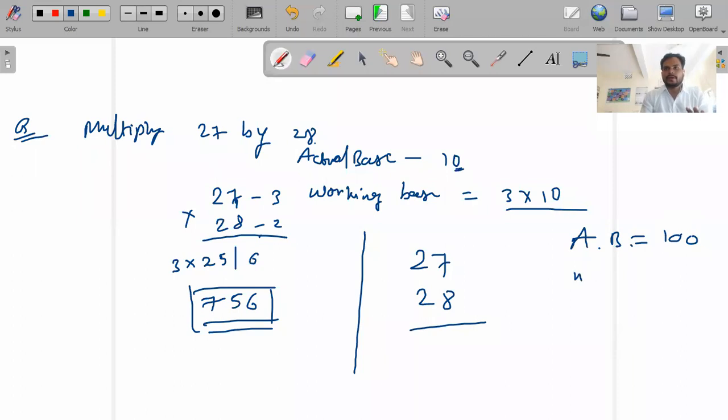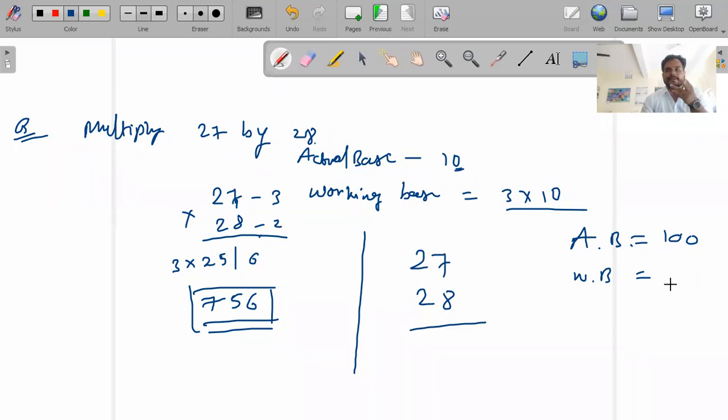Okay, and working base, can I consider working base as 30? Then how to make a relation with 100? You can consider 25, or also you can consider 50 only. That will be easy.